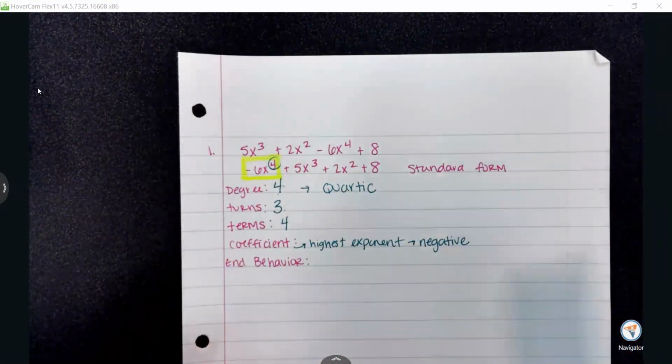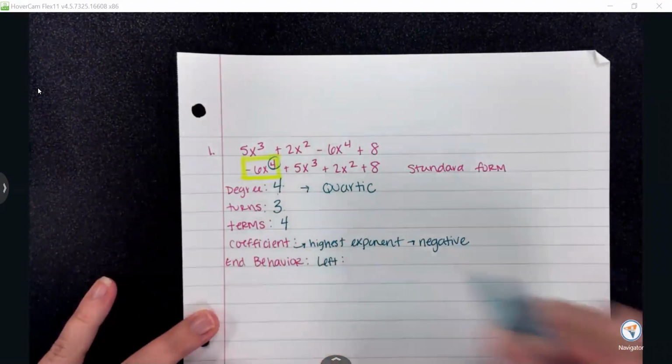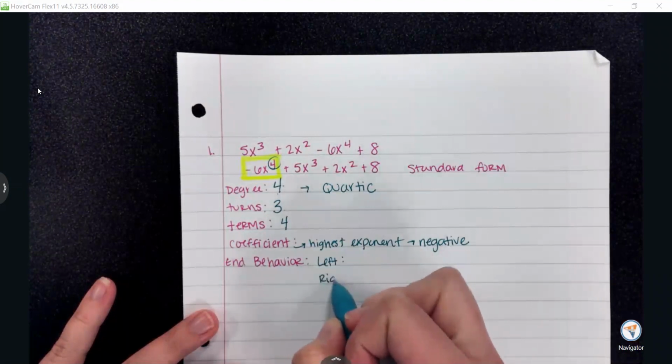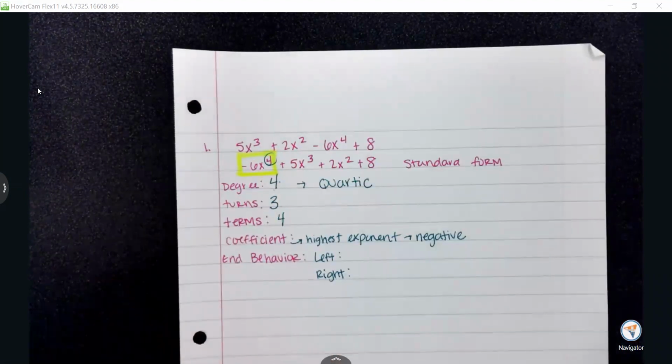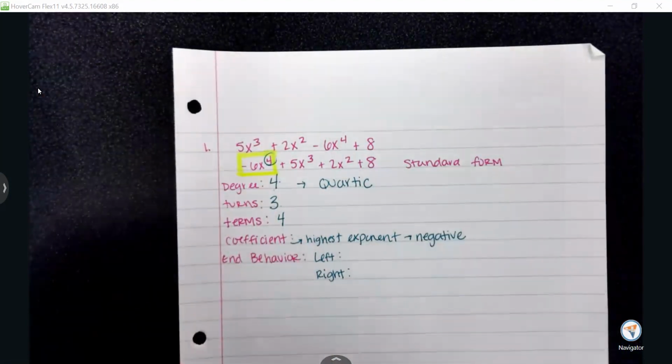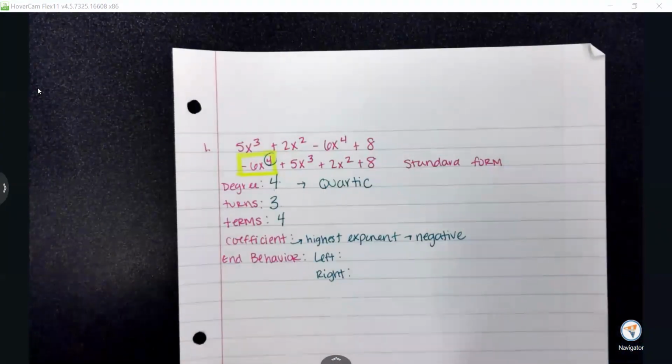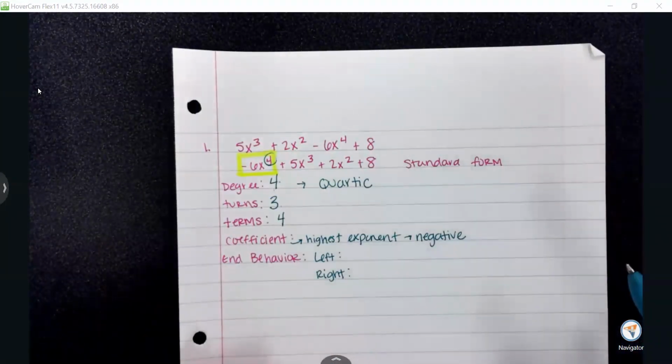Okay. And then my end behavior, I'm going to have a left end behavior and a right end behavior. What that means is whenever I have a graph, I have a left side of my graph and a right side of my graph, and I care about which way the arrows are pointing.